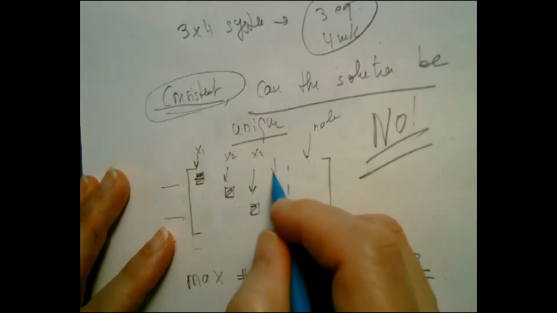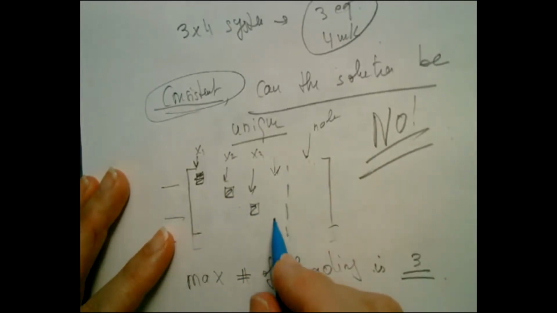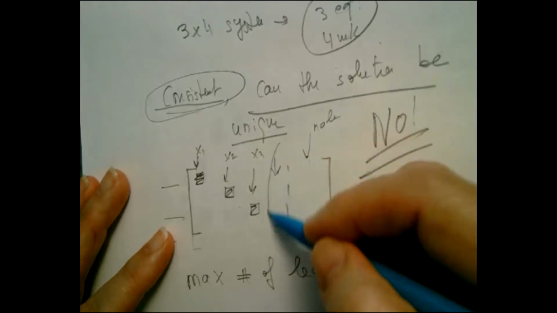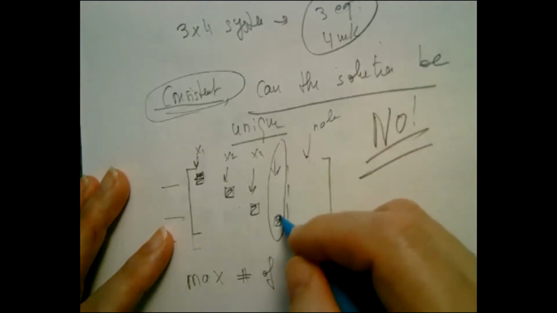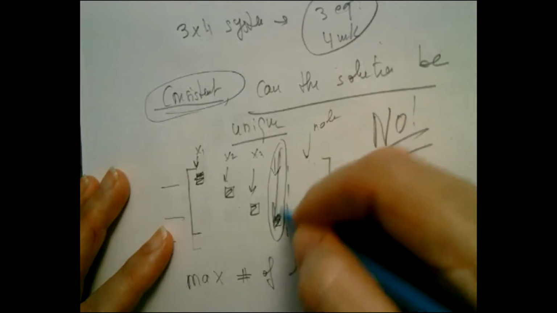It means the column that corresponds to one of the variables cannot have a leading entry. This variable will be a free variable. So the maximum number of leading entries is 3.